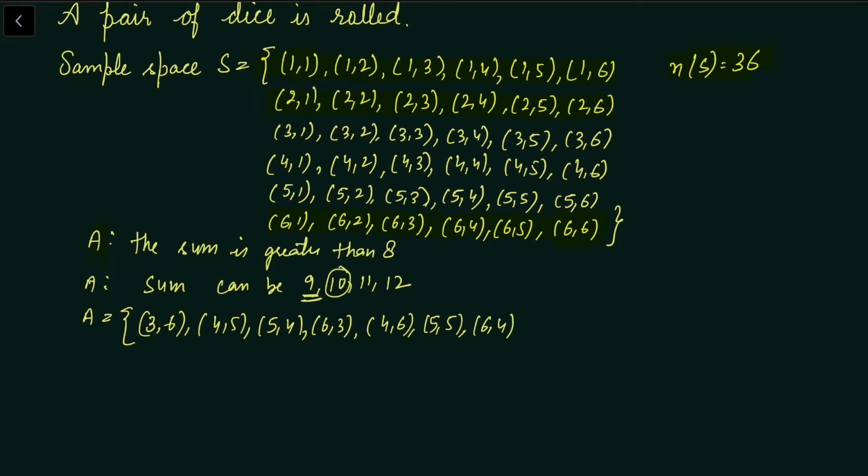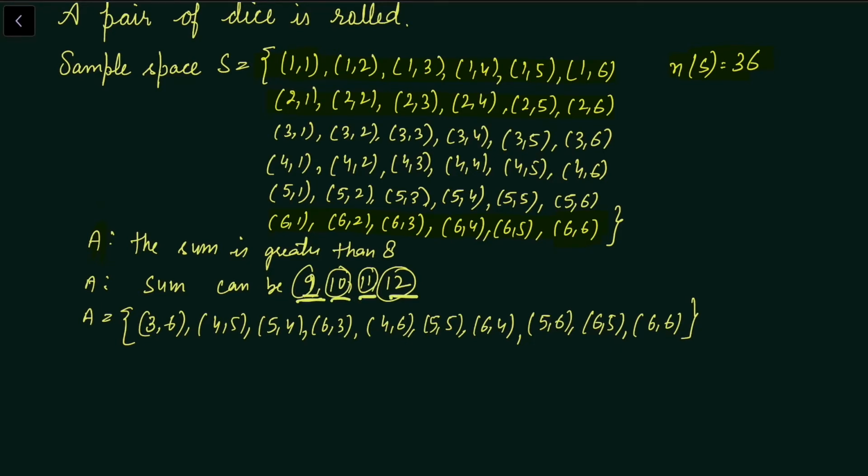These are the 3 outcomes in which the sum is 10. Now for 11: 5 6 and 6 5. These are only 2 outcomes where the sum is 11. And last, 12: a single outcome is there where the sum is 12. So these are the outcomes where the sum of the numbers on both dice is greater than 8, that is 9, 10, 11 and 12.